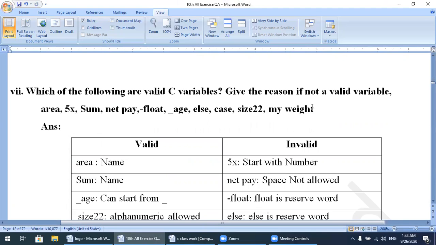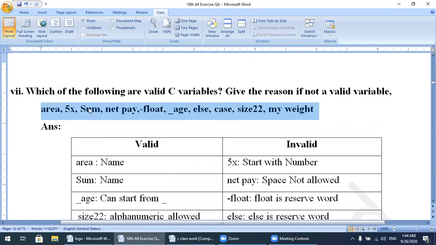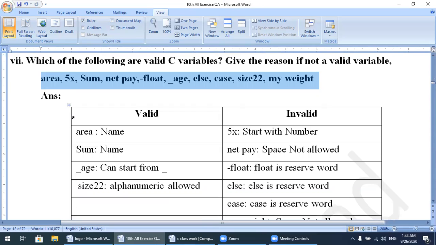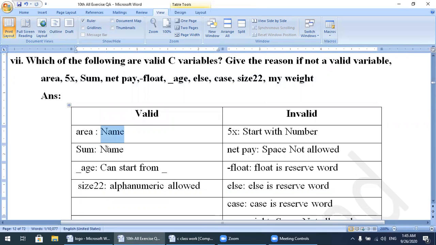So these are the variables given in your book. They are asking whether these are correct variable names or incorrect. We will differentiate, and I will tell you why they are correct and why they are incorrect. First one was a valid variable in this block and invalid variable in this block.